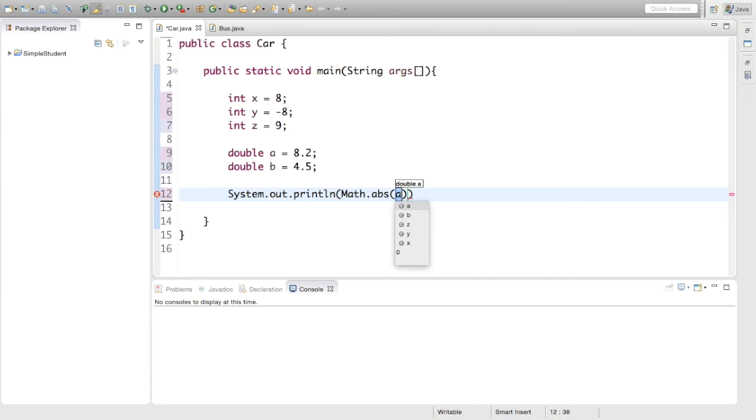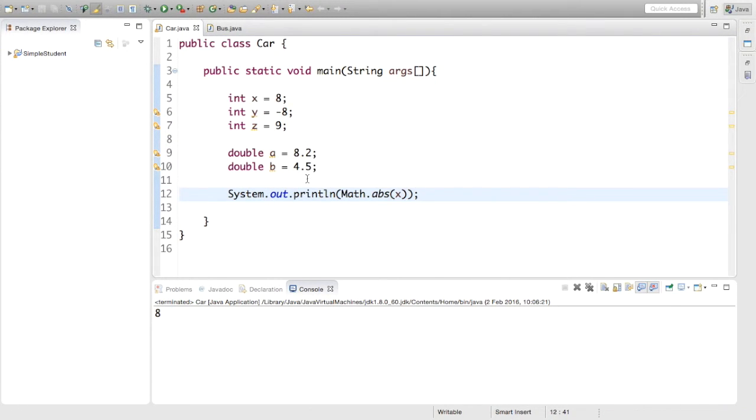So if we put x, the absolute value of x, which is 8, should just be 8. Yeah, 8. But now if we put y, now y is minus 8. Minus 8 isn't an absolute number, so it's going to change into an absolute number, and it's just going to be 8. So the absolute of x and y is actually the exact same thing. So that's what that does.